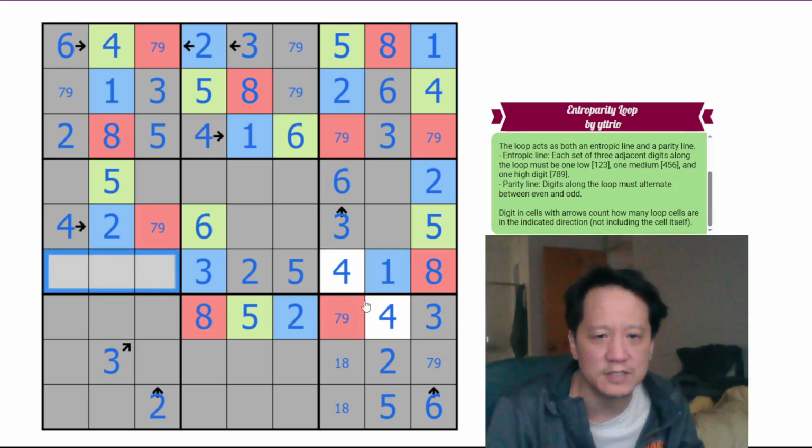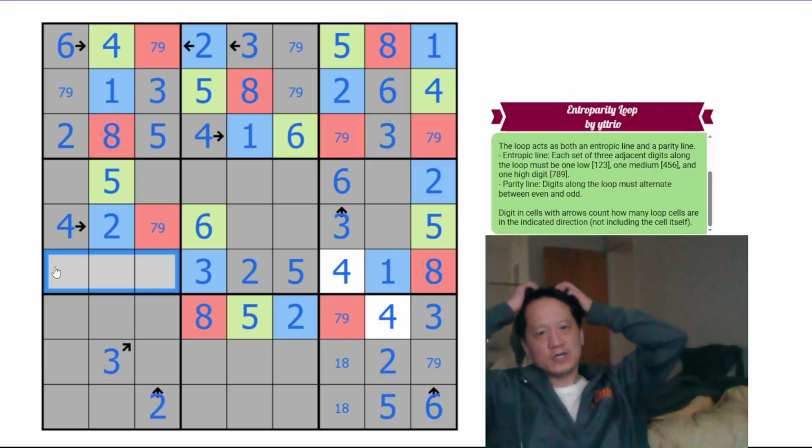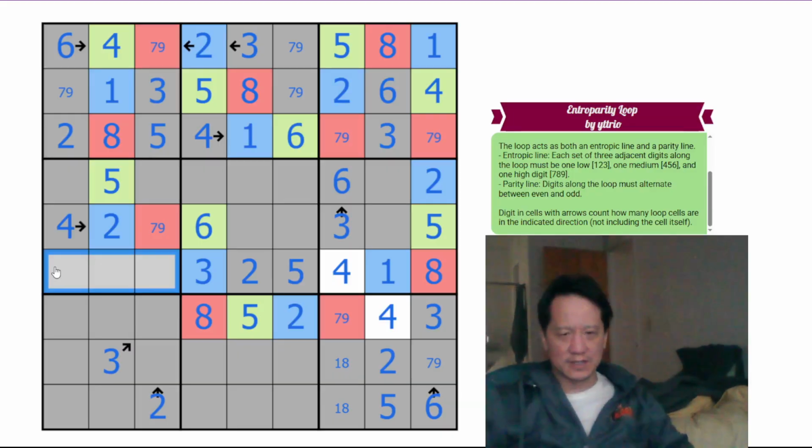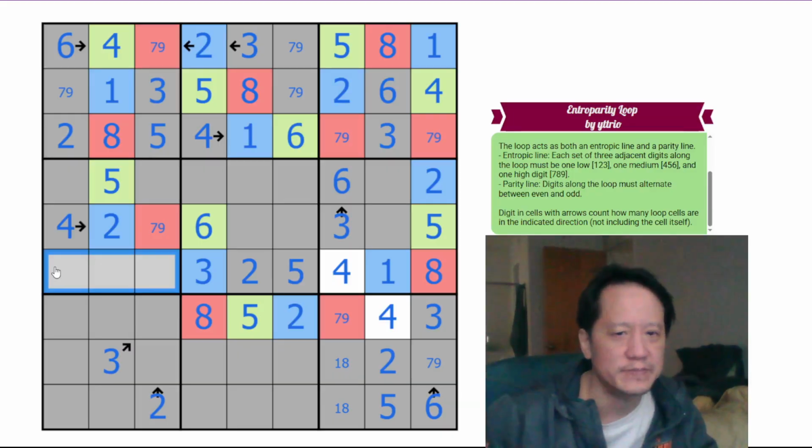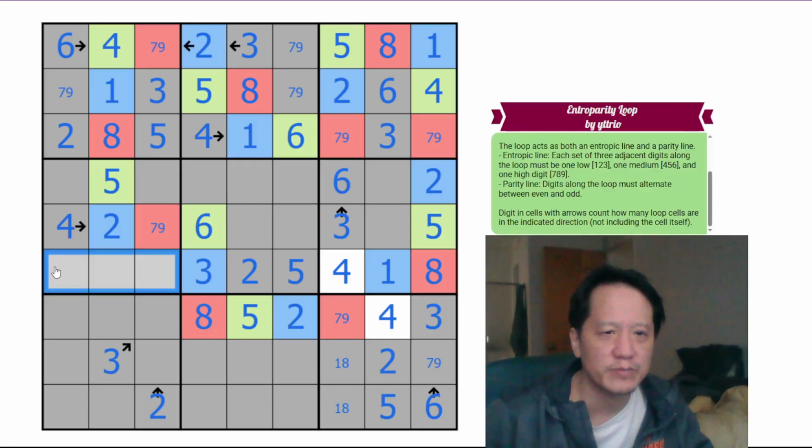Anyways, remaining digits in... Oh, wait, that can't work. I must have messed up, because the problem is this is 7 or 9, and we have all of the 7 or 9s here. Okay, so we kind of messed up here. How did we mess up?